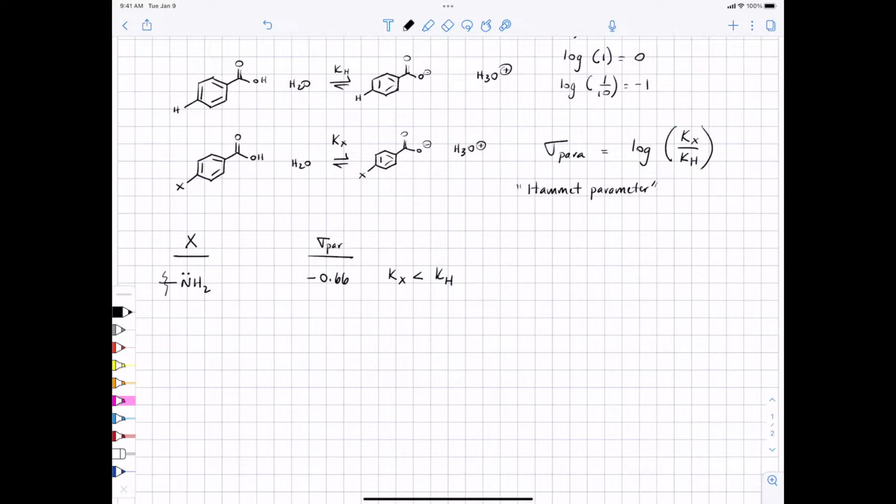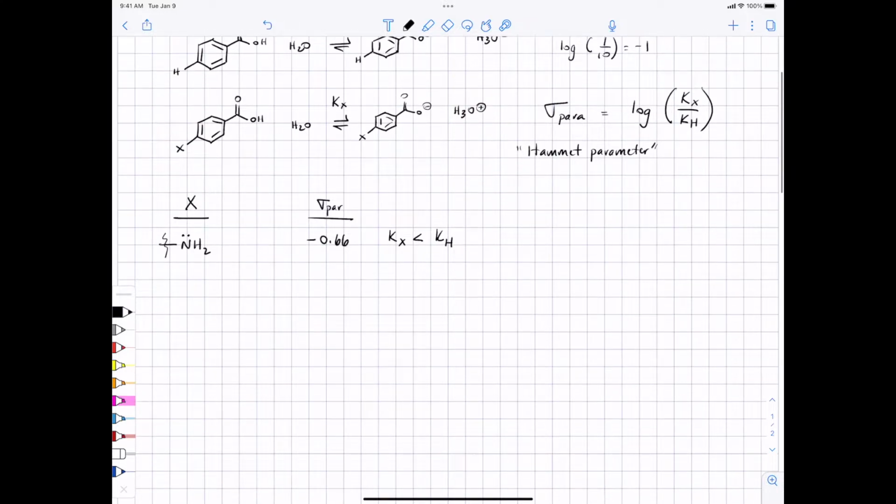Okay? And we see similar things for other electronegative heteroatoms that are attached to a benzene ring. For example, hydroxide has a minus 0.38 sigma para value. Methoxide is almost the same.